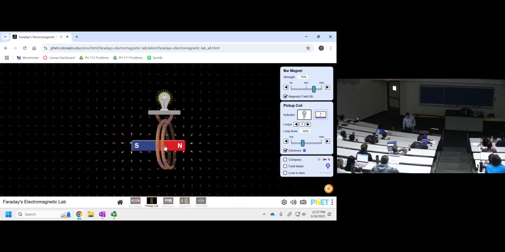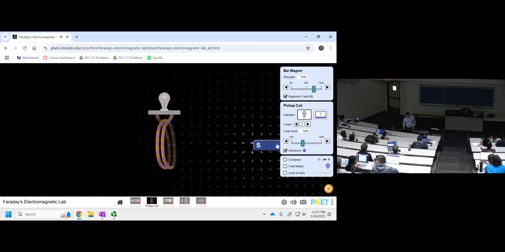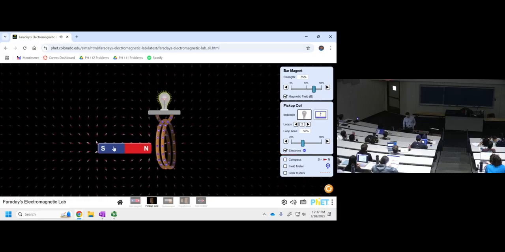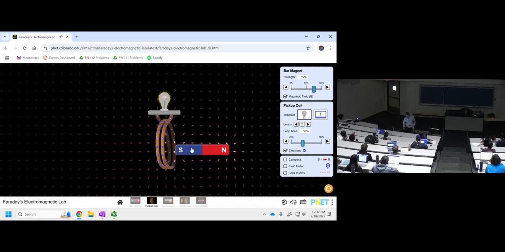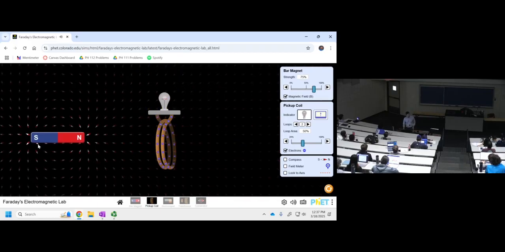If I just leave the magnet inside of the loop here, nothing happens to the light. But if I change the magnetic field inside of it, then I can change the strength of the light. If I do this very slowly, then the light shines very dimly. Or if I do it very quickly, I get a very quick burst of bright light.